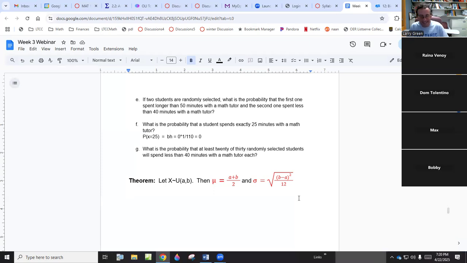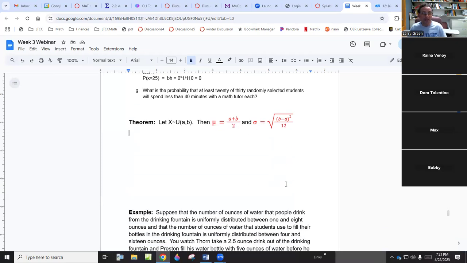It's actually a lot of work. So that one you just have to trust. Can you trust me that that's what the standard deviation formula is? If you don't want to trust me, you can always look it up and you'll see that. And I'm not even going to tell you where the 12 comes from because it's very complicated. Sound good though? So there's our mean, there's our standard deviation formula.